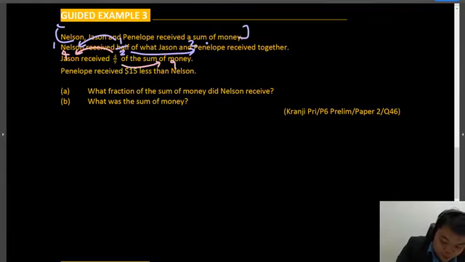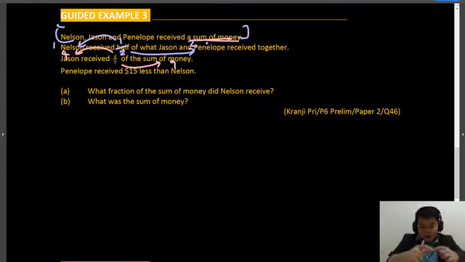Okay, so the sum of money is the total shared between the three of them. And this first statement restricts that. Penelope received $15 less than Nelson. So what fraction of the sum of money did Nelson receive, and what was the entire sum of money?